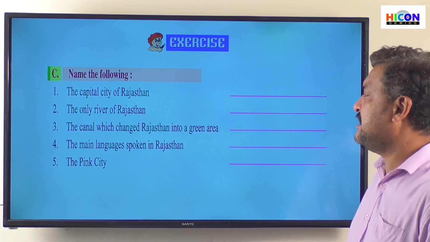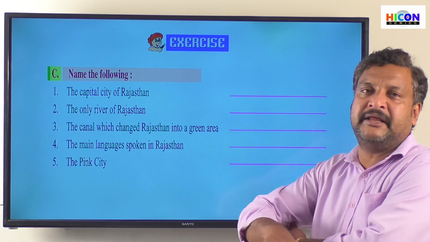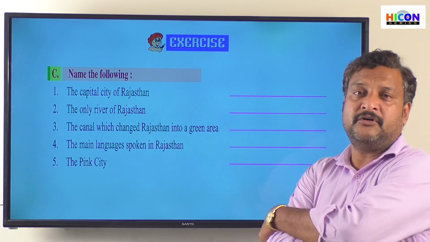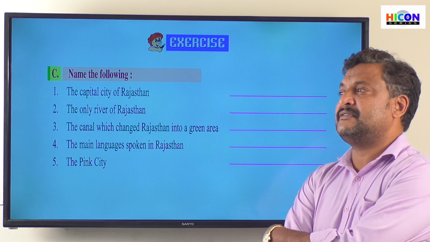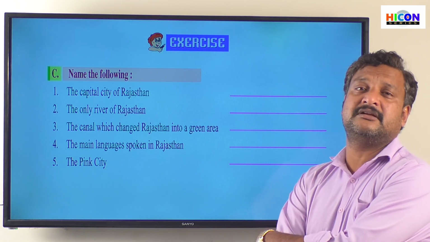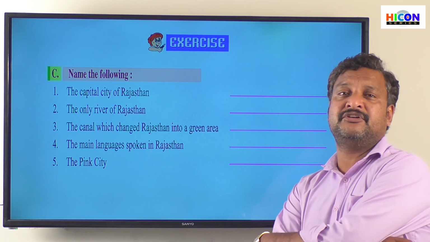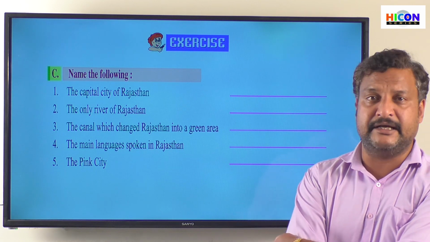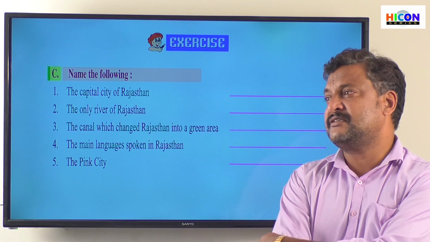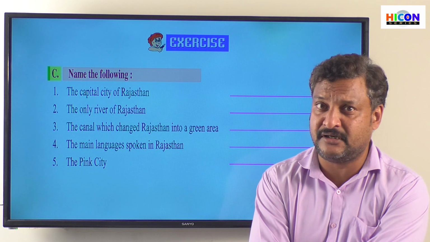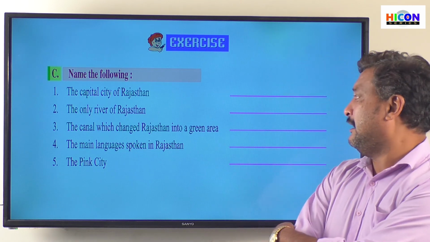The canal which changed Rajasthan into a green area. 40,000 hectares of land has actually been converted by the government into the largest wheat producing area in India. So what has brought this much change in Rajasthan? Yeah, there is a canal, isn't it?